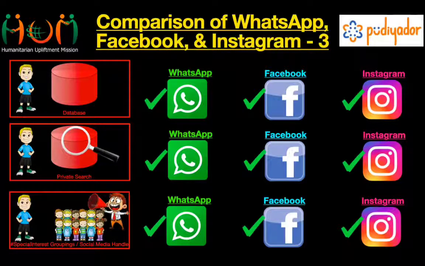For example, we have a HUM students group. For this particular lecture, we have a HUM computer group, right? In other places, you can form regular groups. You can also form special interest groups, based on topic, based on something. They're all called social media handles.